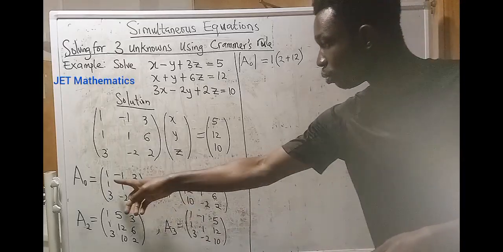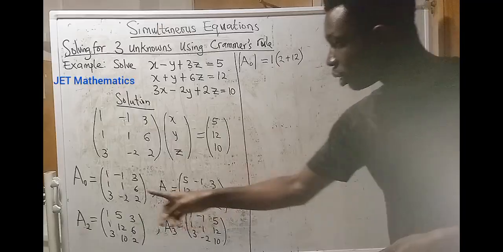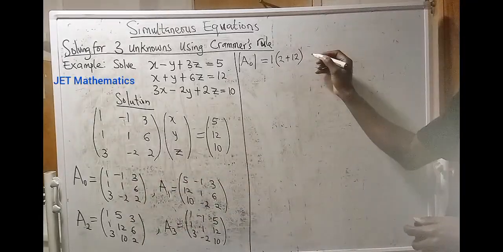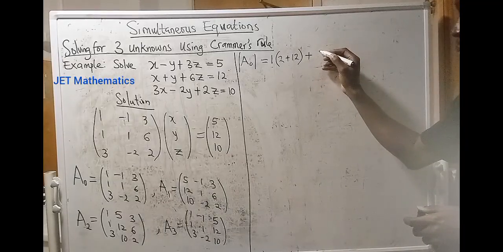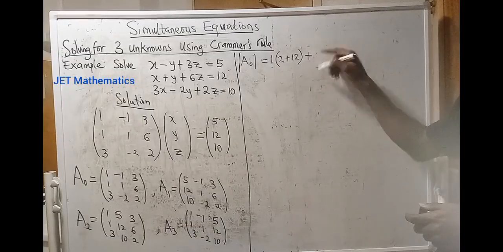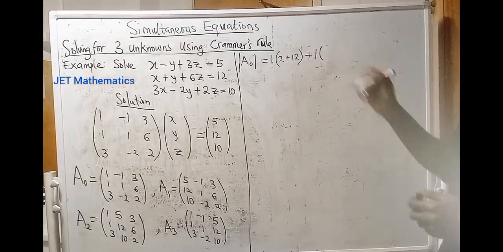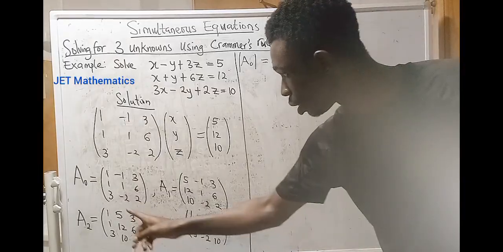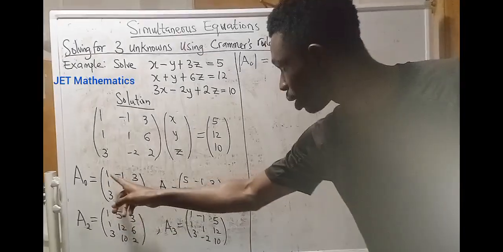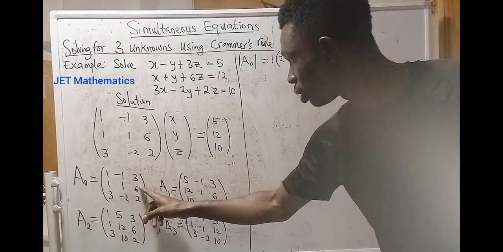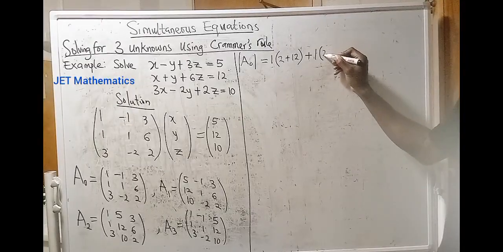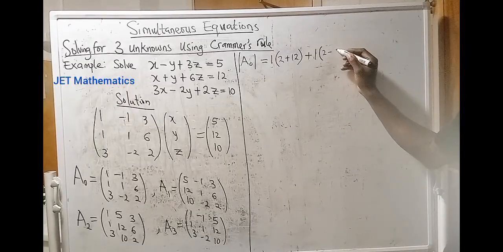So we use this, we get this, then we use this minus, then we have another minus 1, so this becomes plus 1, and then we have 1 into, and that gives us, so we are blocking here and here, 2 times 1, 2, minus 3 times 6, which is 18.